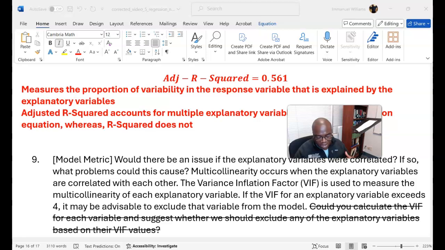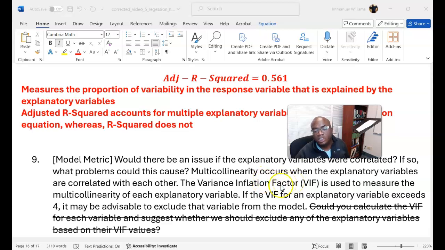You think the regression model is not as good at predicting as we may think, because it has an inflated sense of ability to make predictions, where in reality it's not that good. And what we call it when the explanatory variables are correlated is multicollinearity. Multicollinearity is when there is a relationship between the explanatory variables.